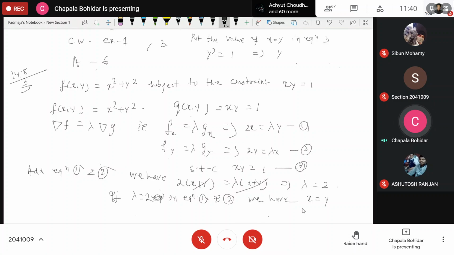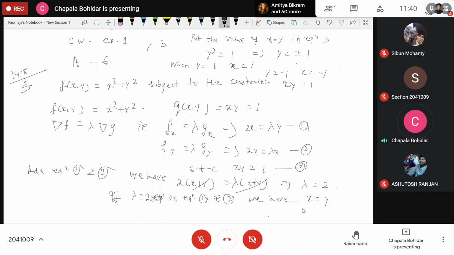This implies y is equal to plus minus 1. When y is equal to plus 1, x is equal to plus 1; y is equal to minus 1, x is equal to minus 1. So my critical points are (1, 1) and (minus 1, minus 1).